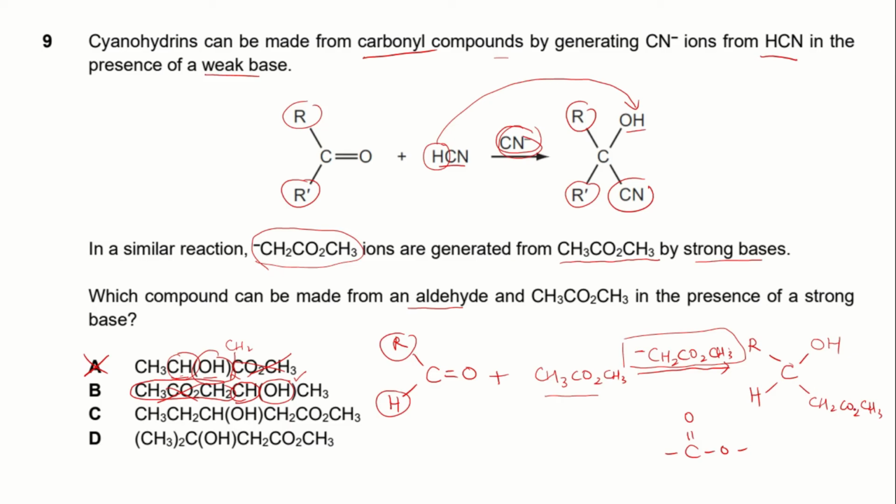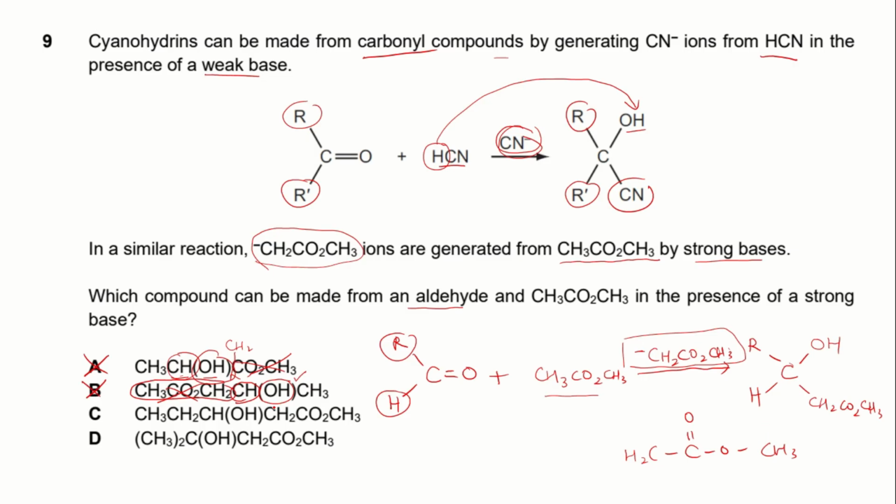In this structure here, CH2 is on the left of the C double bond O, and CH3 is on the right hand side of the O. But in the structure of B, CH3 is on the left hand side of the C double bond O and CH2 on the right side of the single bond O, which is not correct. So B is also incorrect.